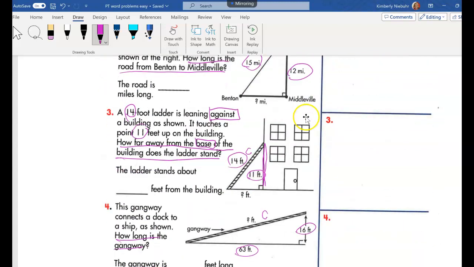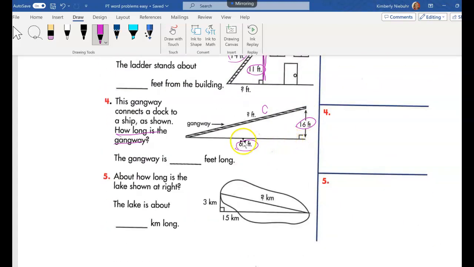Notice that we have side C here, here, and here. So we must be doing a different operation when we set up the Pythagorean theorem, a squared plus b squared equals c squared. We don't know what c squared is, but we do know what a squared is, and we do know what b squared is.